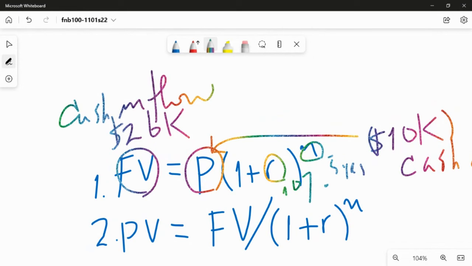So there is a single cash outflow and a single cash inflow, hence called the single cash flow model.